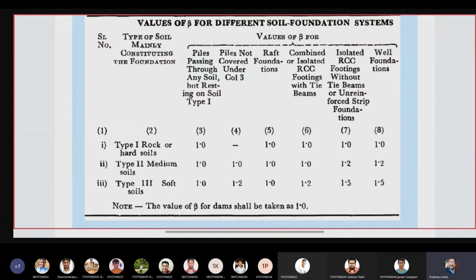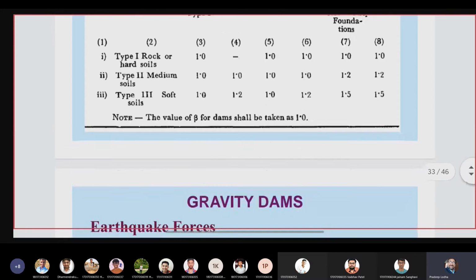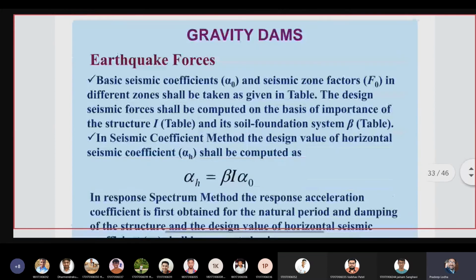For well foundation and soft soil, this is 1.5, and for a pile passing through any soil but resting onto type 1 soil, directly onto rock or hard soil, then your beta is 1. We are not increasing the value to 1.5. So basically it varies between 1 to 1.5.